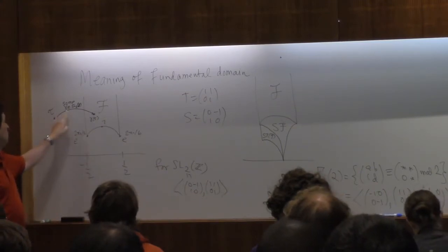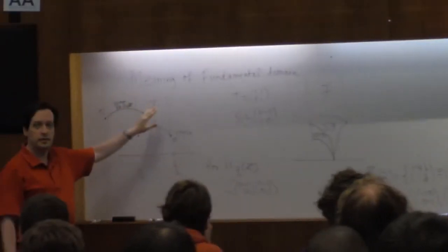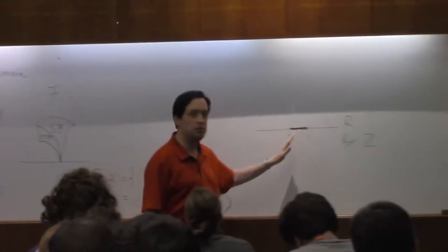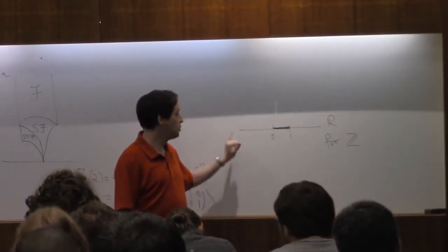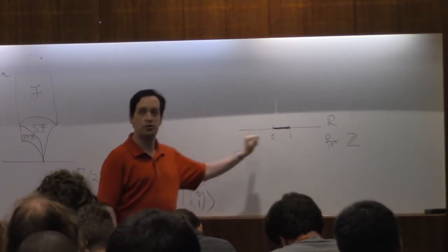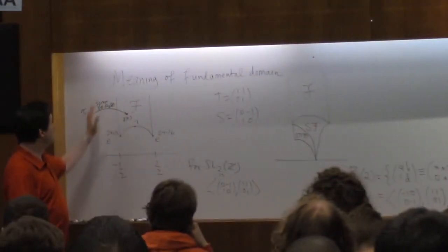This point might have a different gamma than another point. I'm not saying the same gamma will move everything in. That's not what happens. Look over here. It's not like you add the same integer and move everything into here. Each real number has its own integer that puts you in here. Some real numbers, if you can move to 0, you can also move to 1, but otherwise there's a unique way to go in. On the boundary, there's a little bit of duplication, and same thing here.